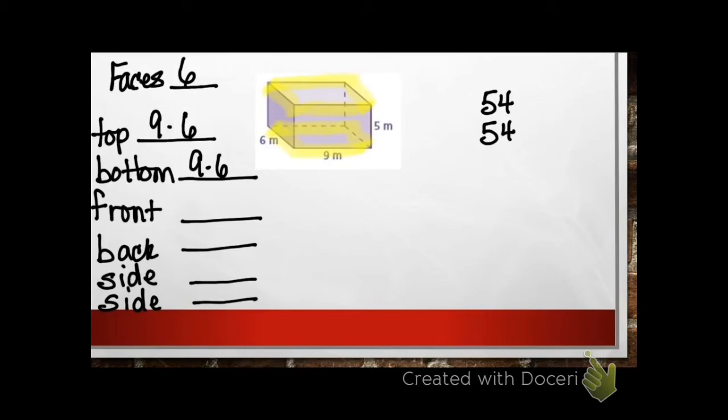All right. Now let's go ahead and find the front and the back. So look at that carefully. My front is 9 across and it is 5 high, or 5 for the height, so 9 times 5. And that is the same for the front and the back.